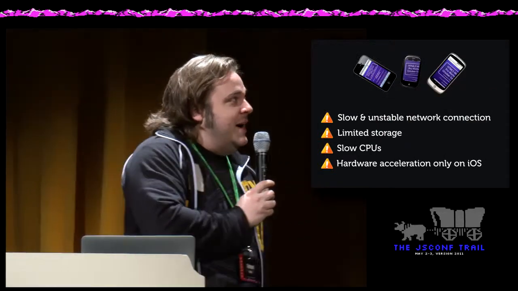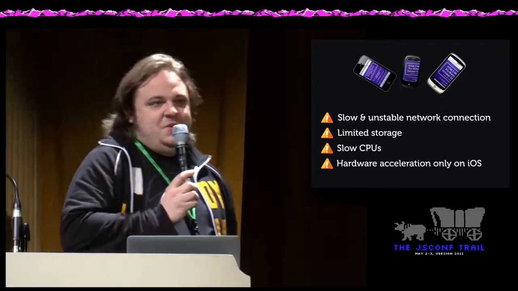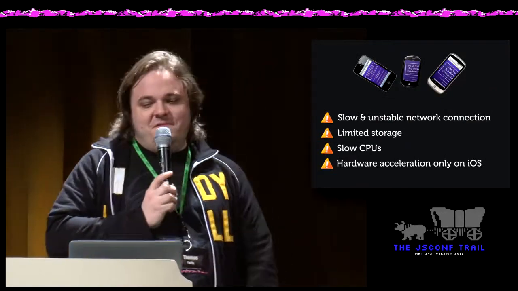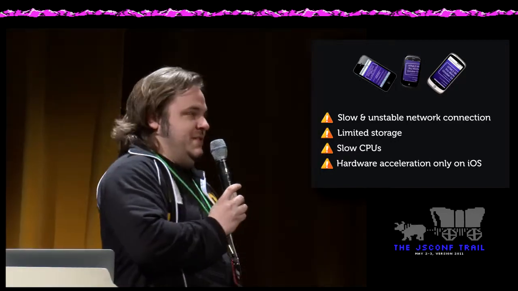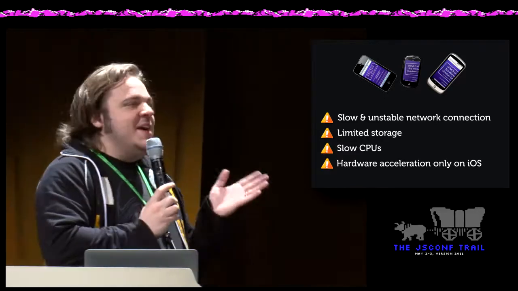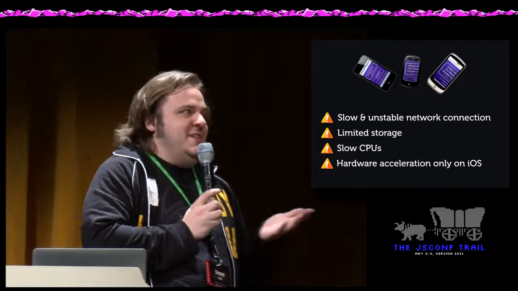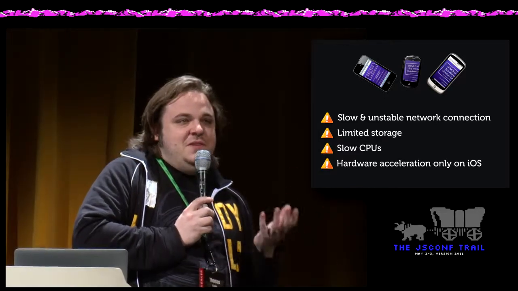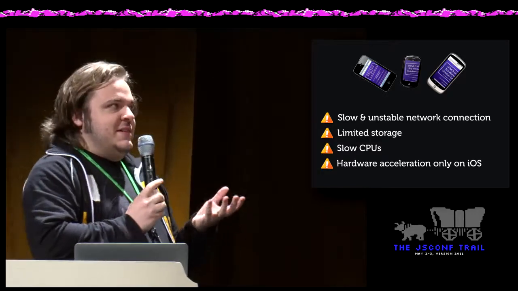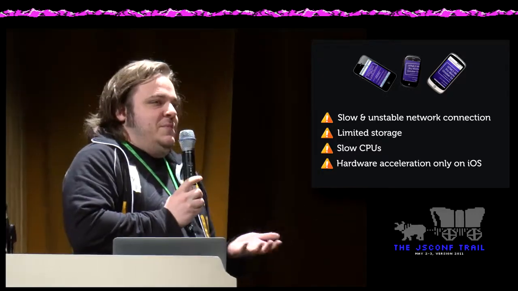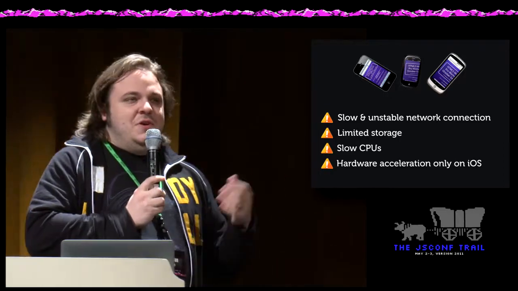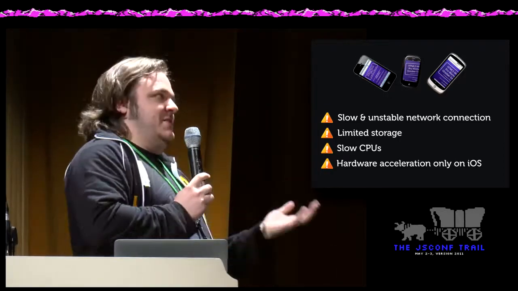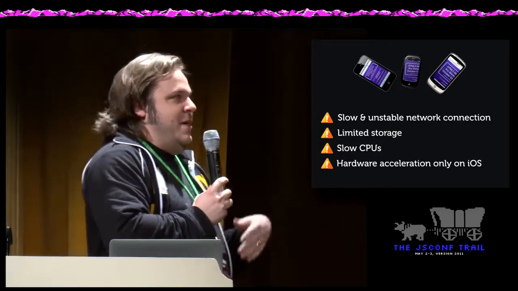So they have a slow and unstable network connection most of the time. If you have an AT&T mobile phone, like my phone is, it has a slow and unstable network connection. It doesn't have so much to do with the phone itself or the technology itself. It's just that in the real world, other people use the same connections that you use, or you're in the shadow of a building and the connection doesn't get through to you, blah, blah, blah.